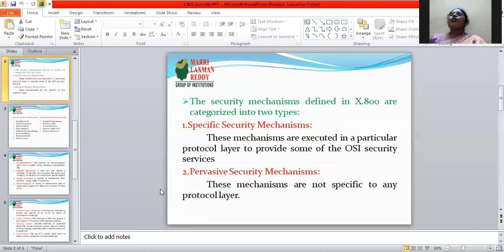That is specific security mechanism. Pervasive security mechanisms are not specific to any protocol layer.